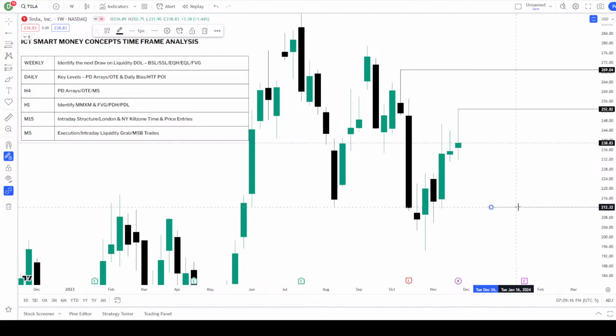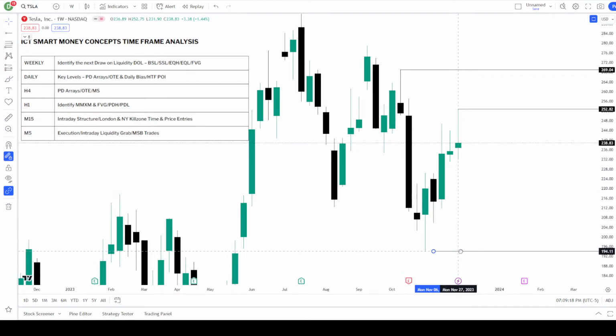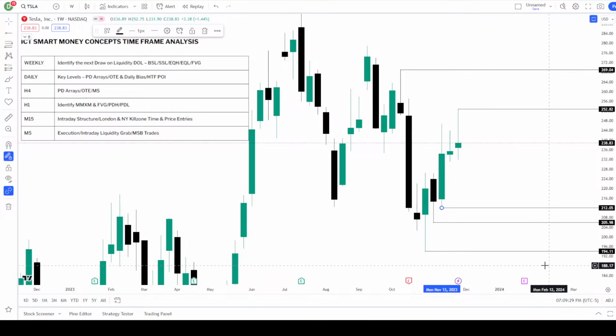And then as far as sell side liquidity goes, I'm going to go down here. And then I'm going to look at this low. And I'm going to look at that low. Okay, so we have 212, 206, 194. To the upside, we got 252.82, and we got 269. Okay, so those are my next draws on liquidity for buy side and sell side.